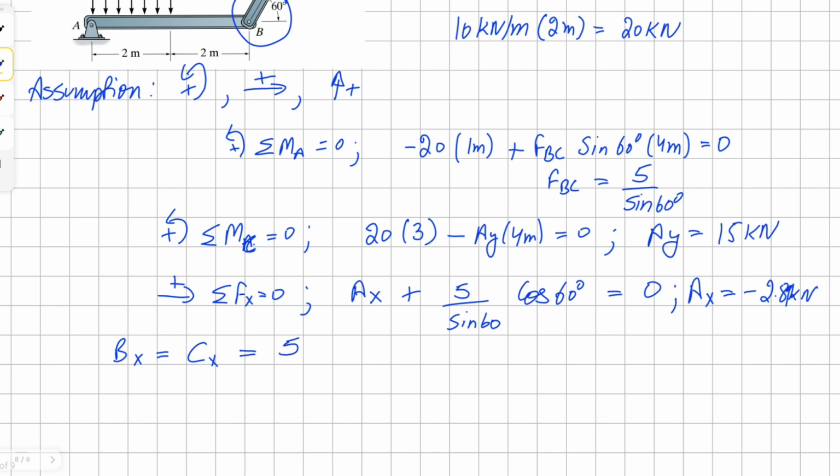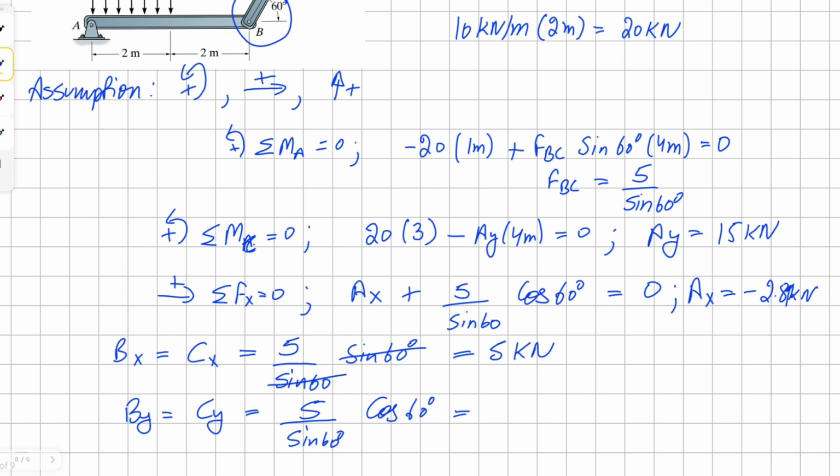These two cancel out, 5 kilonewton. And then our reaction BY is equal to reaction CY, which is 5 over sine 60 degrees times cos 60 degrees, equals 2.89 kilonewton.